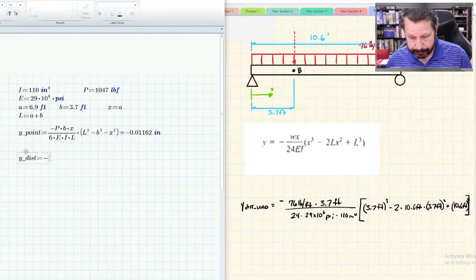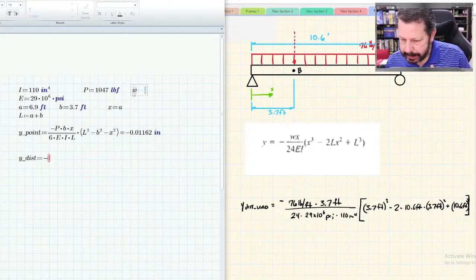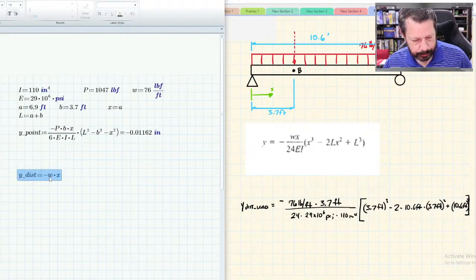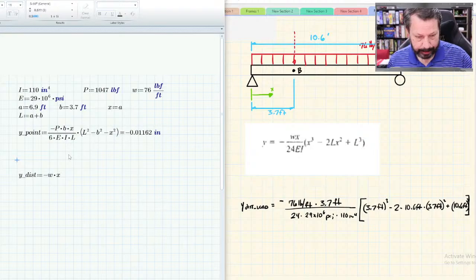All right, so it's negative. We need to put a value for W in here. So W for me was 76 pounds per foot. So W times X. Oh, well, we need to redefine X because we had X equal to A on that first part.